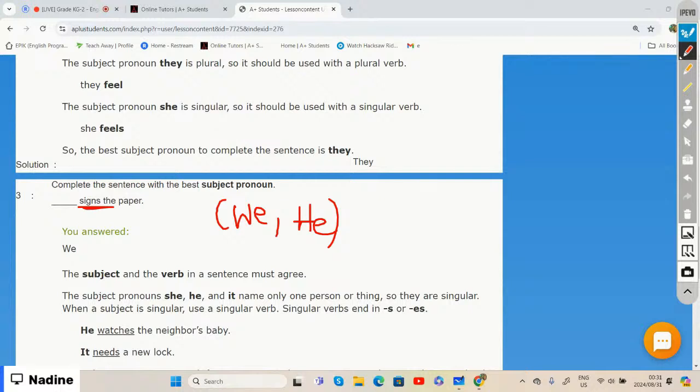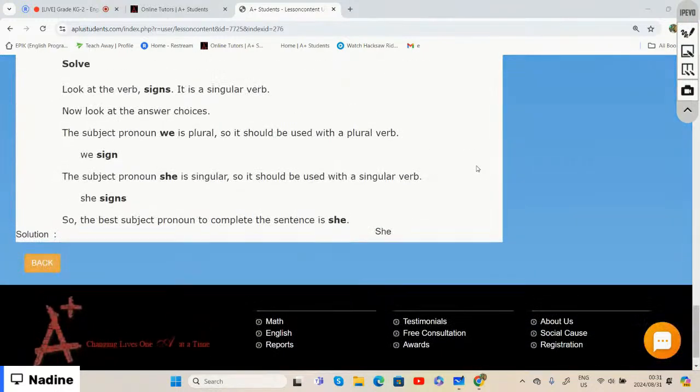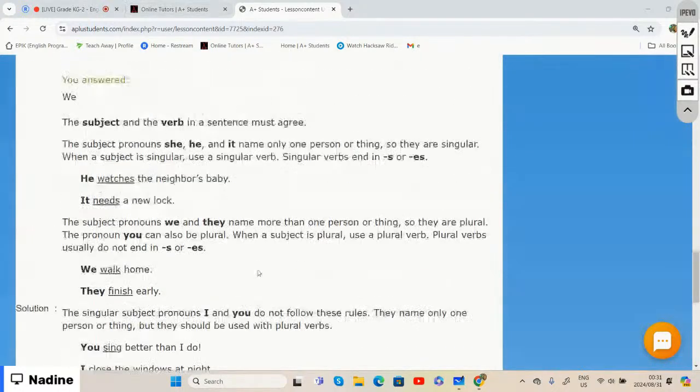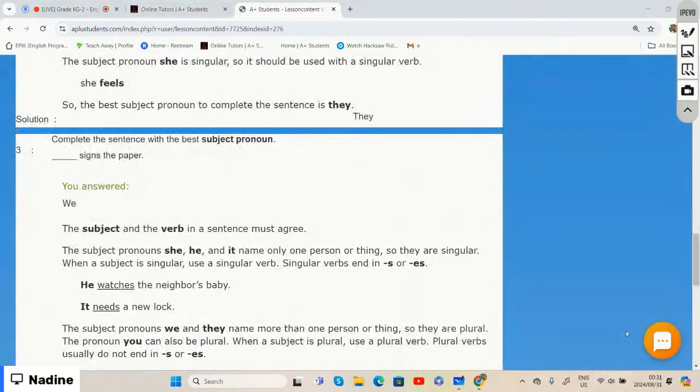So instead of saying "we," we say "he" or "she" signs the papers. So well done. All right, so she or he signs the papers.